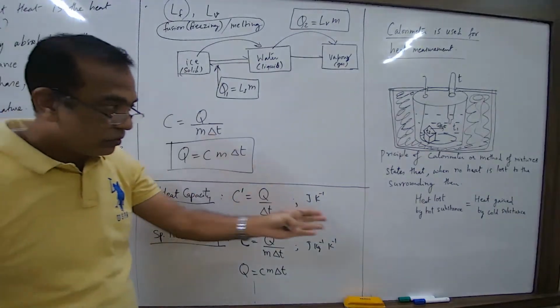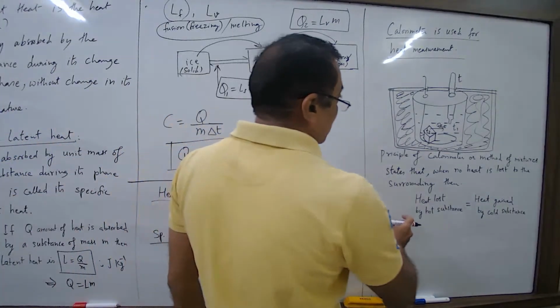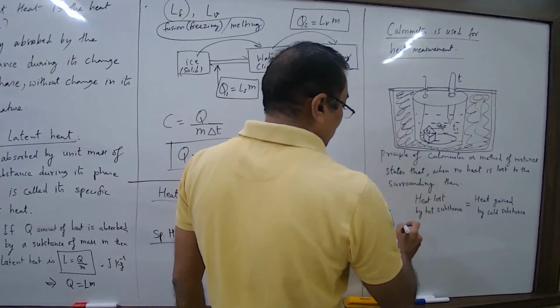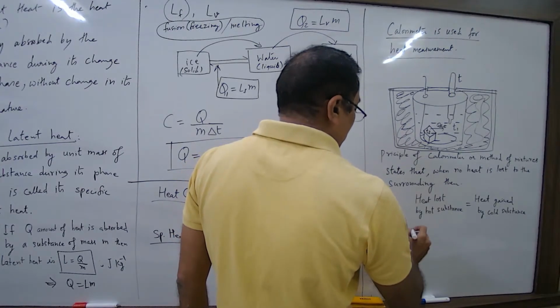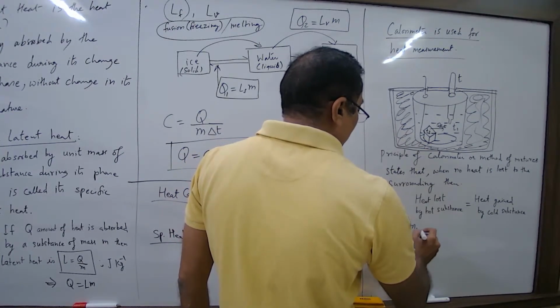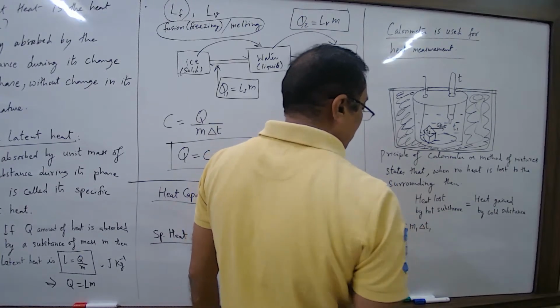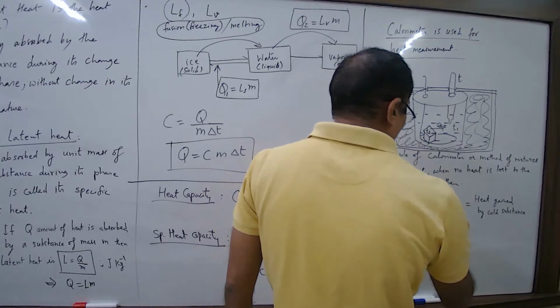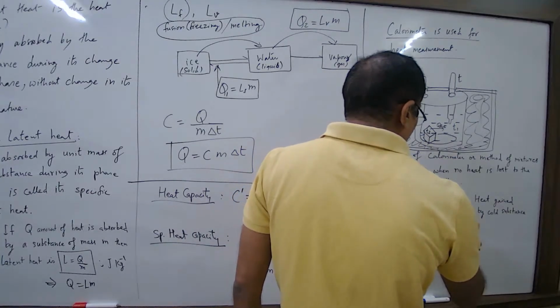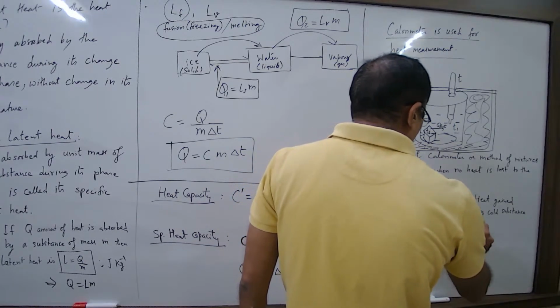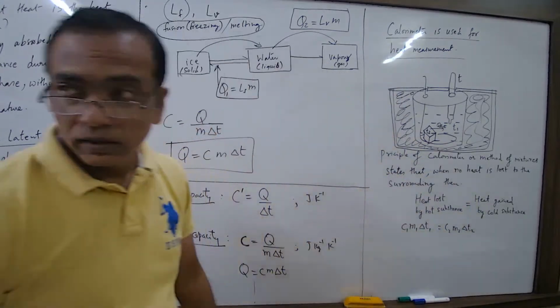So heat lost by the hot substance. What is the hot substance? This metal block. Let us say the specific heat of the metal block is C1. Its mass is M1, and it has gone through temperature change delta T1. So this must be equal to C2, M2 and delta T. Correct?